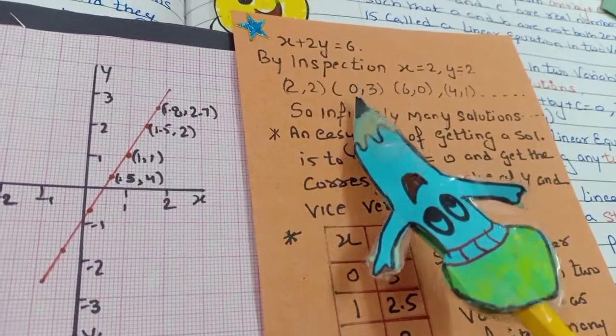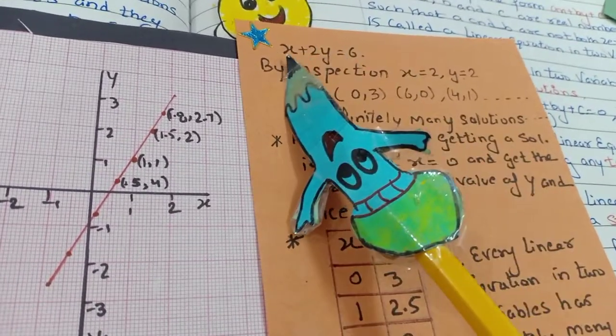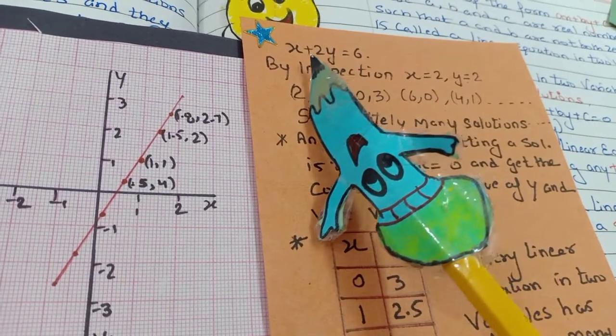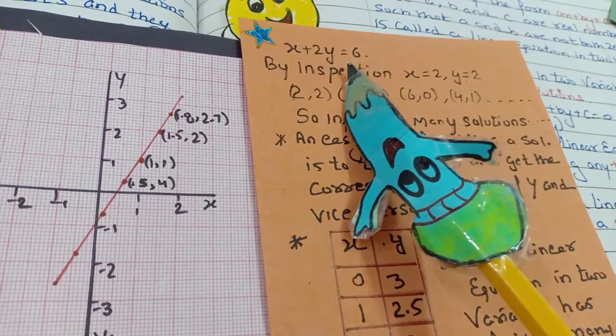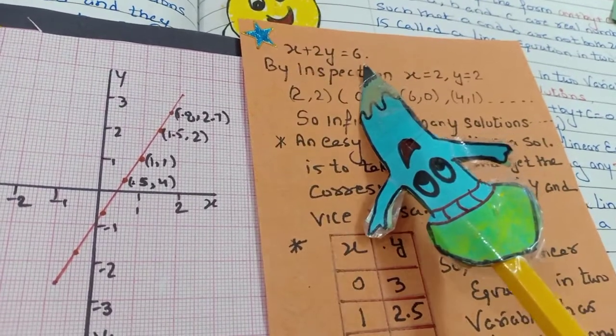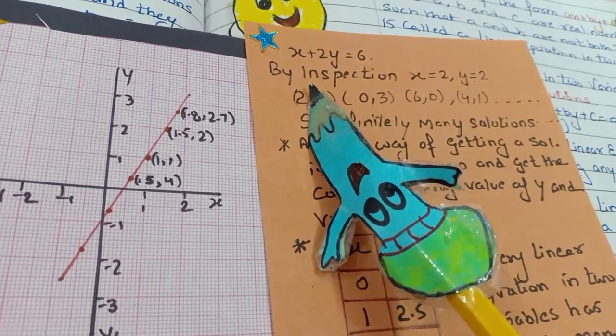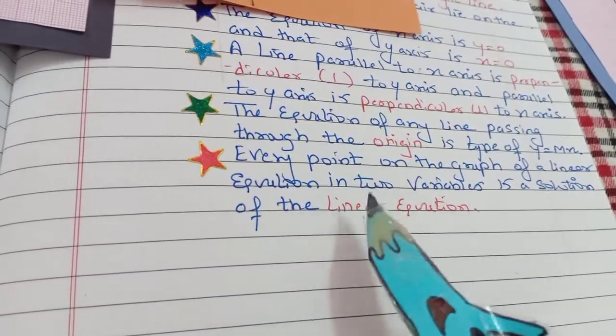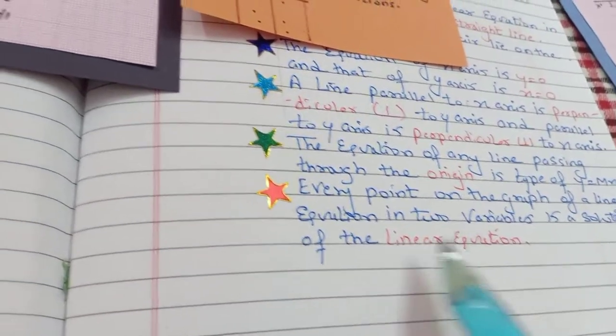If I take this point and put x is equal to 0 and y is equal to 3, 0 plus 3 multiplied by 2 is equal to 6, 6 is equal to 6, left hand side is equal to right hand side, so it is a solution of this equation. So every point on the graph of a linear equation in two variables is a solution of the linear equation.